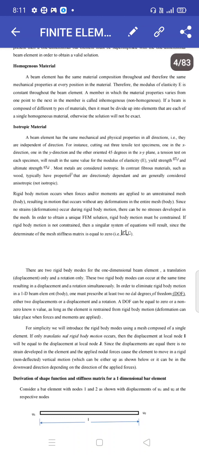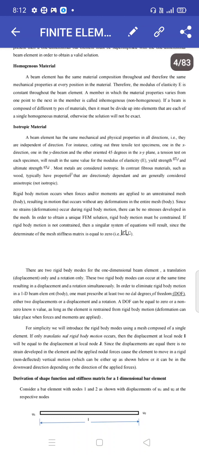Upon the material, it has some characteristics during the deformation, depending upon the application of loads. Homogeneous material: a beam element has the same material composition throughout and therefore the same mechanical property at every position in a material. Therefore, modulus of elasticity is constant throughout the beam element.